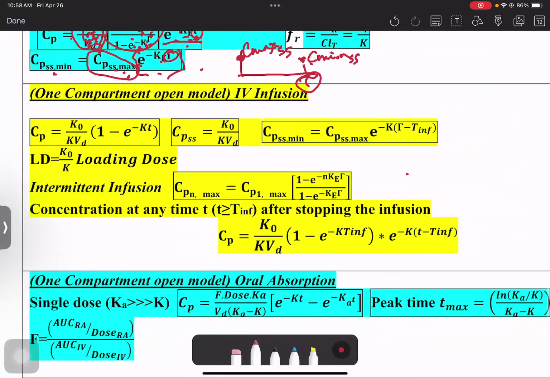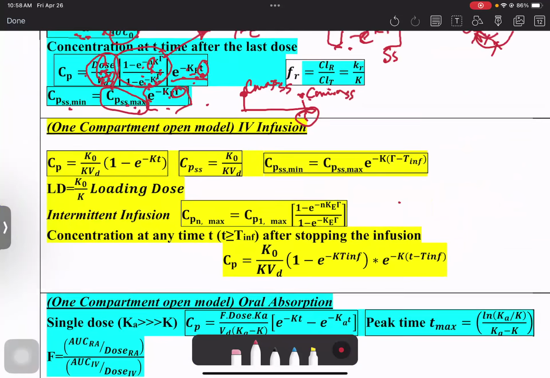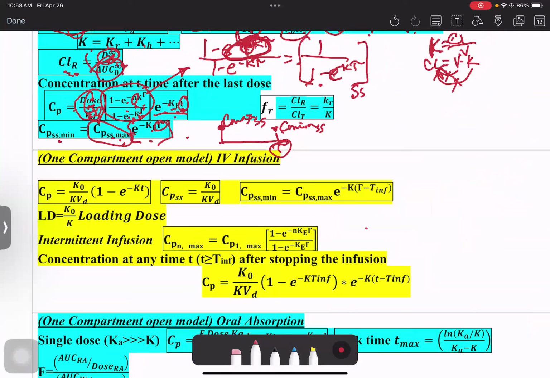Now, what if you're giving an infusion? All right, so if you're giving an infusion, we're not having our dose go in and having us go up to a Cmax here right away. We are starting an infusion where we're starting from 0 and we're giving this at a certain dose rate, or if you want to call it an infusion rate, whatever you want to call it, this concentration is going to start to increase based upon the dose rate in and the clearance, right?